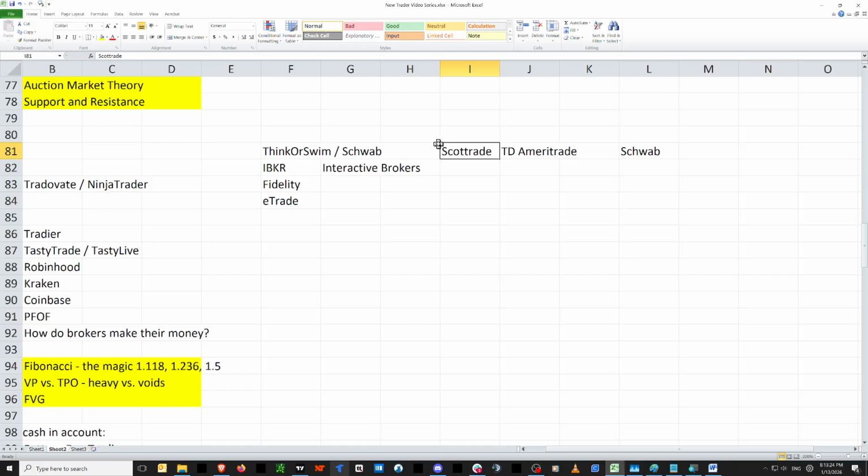And then, of course, we got something called pay for order flow. Pay for order flow. What does that mean?